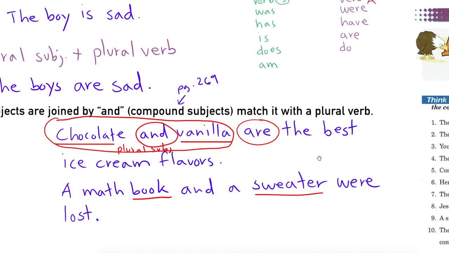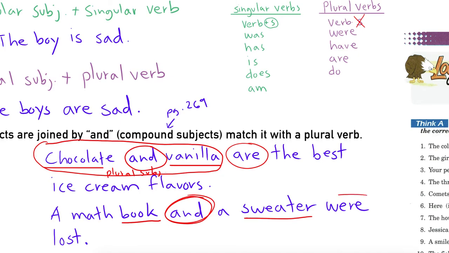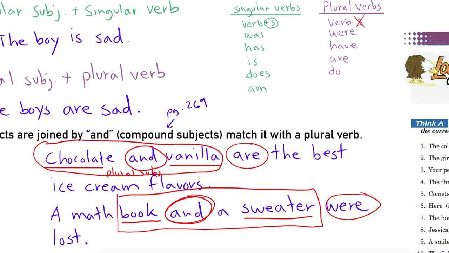Does that mean we have to use a singular verb? No, because we have and here, which makes it plural. So we have to use a plural verb, were. Because the book and sweater are connected together, they become plural, so I have to use a plural verb.